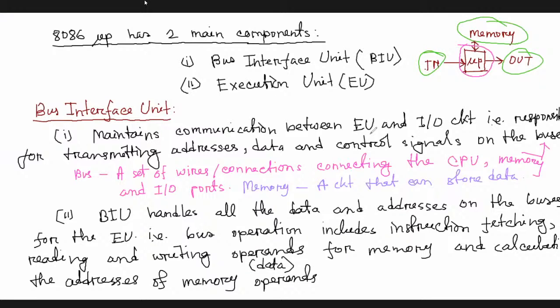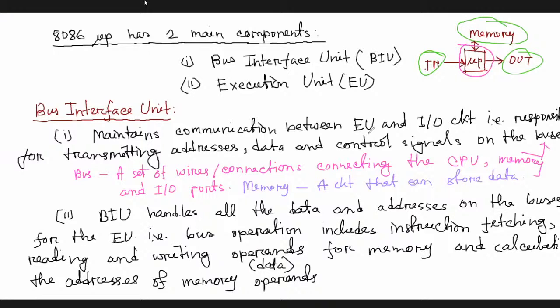Some registers are inside the execution unit. And Himal Mia, are you there? Where are you? Yes, say how many registers are there in the bus interface unit? Anybody has any idea regarding that? Anyone? Four.